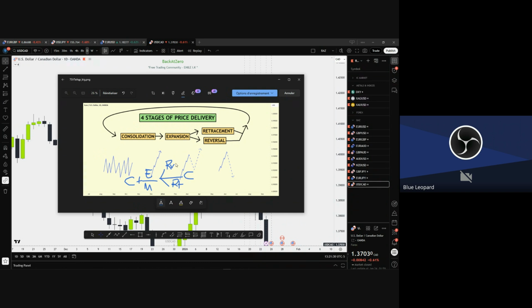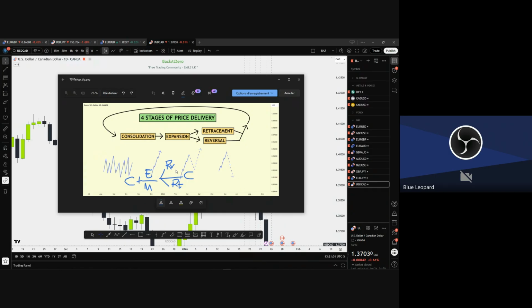But after the reversal, what do we have? It was an expansion in the other direction. So we still have the same options. We could have a retracement again or another reversal. Imagine a reversal happening here. We had a reversal here, reversal 1, and then reversal 2 here. Okay?